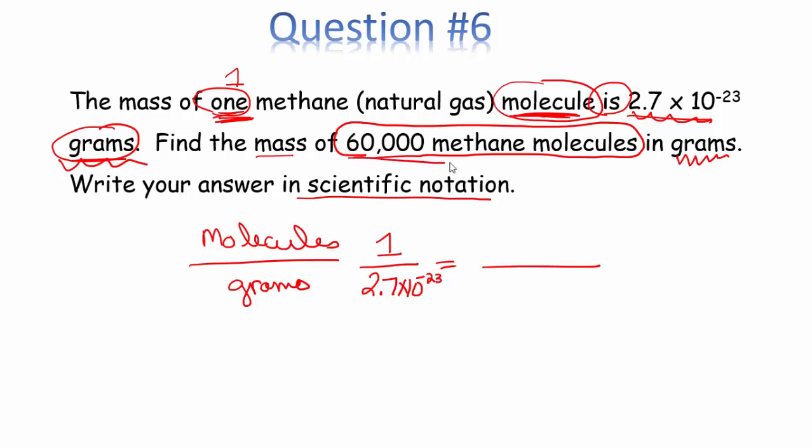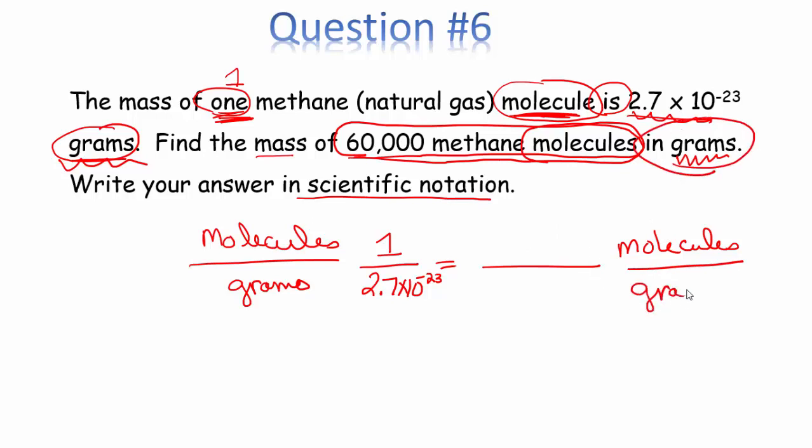They give me 60,000 molecules, so I know that 60,000 goes with molecules. We chose to put the molecules on top, and we're looking for how many grams that is. I'll put a big G for grams. We don't know how many grams that is.